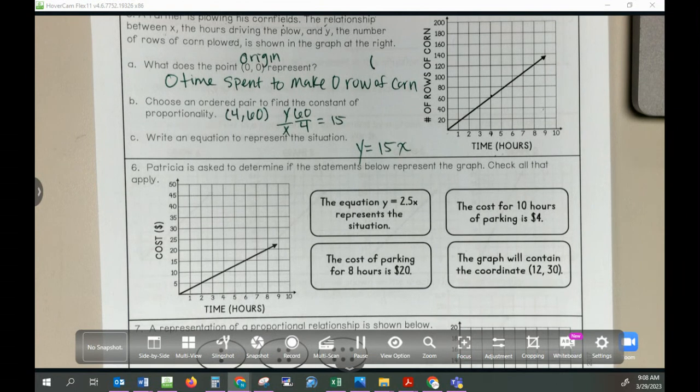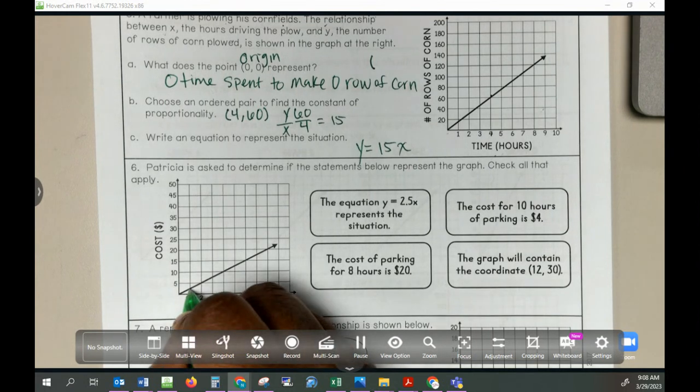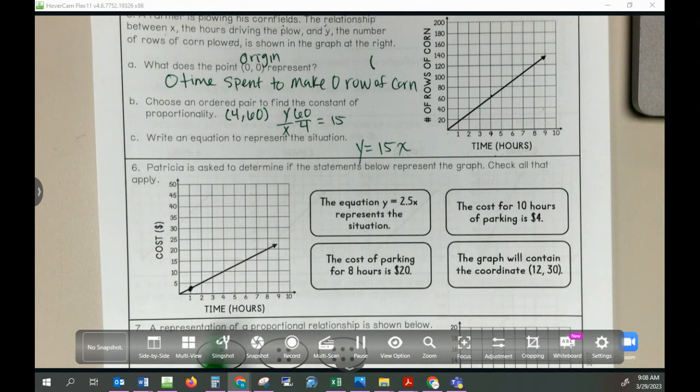Okay, tell me why you say no. Okay, so pause. You said 1. So right here at 1 where it's hitting the line, you're saying this is 1, 5. What are you saying it is?